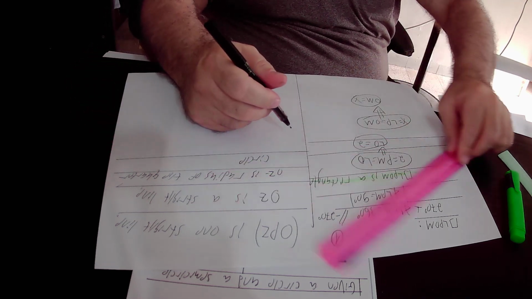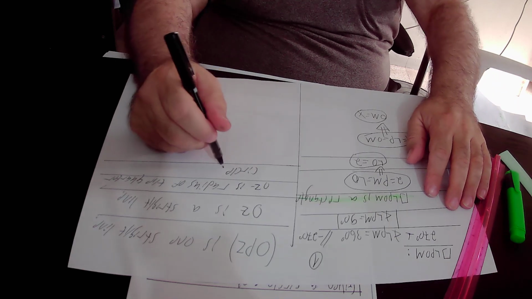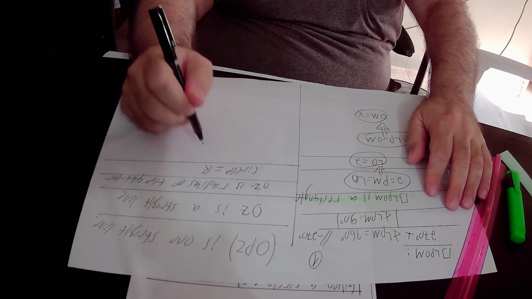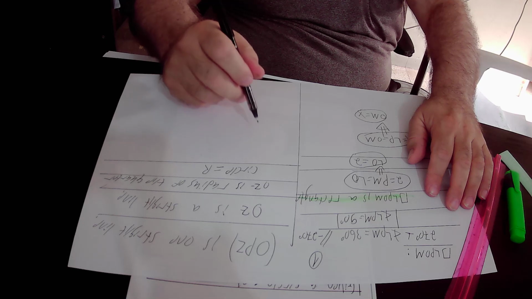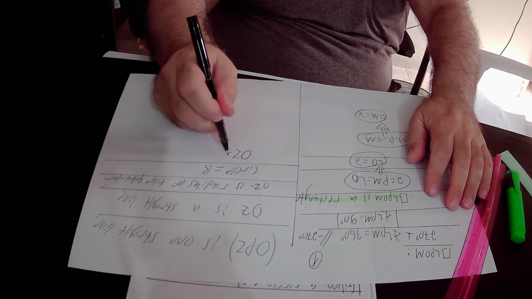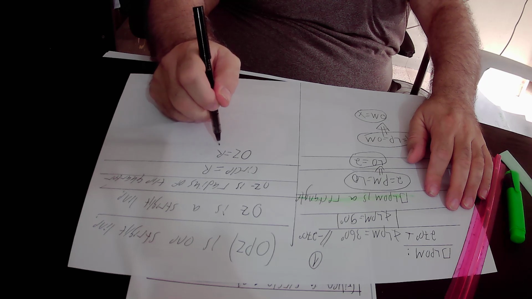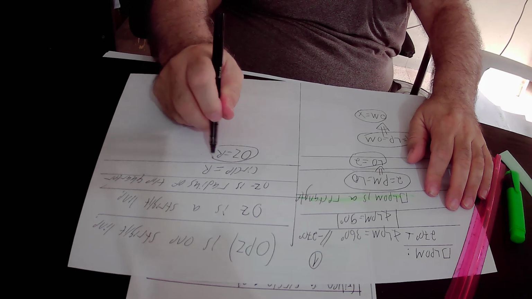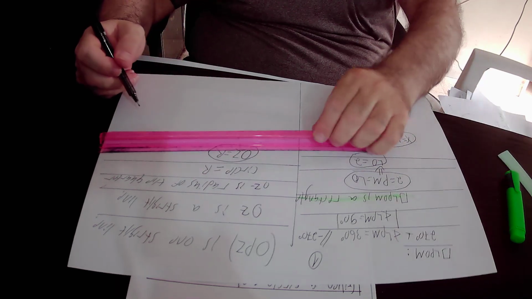So we will define the radius of the quarter circle as capital R. Therefore, the straight line OZ equals capital R. It is the radius of the quarter circle.